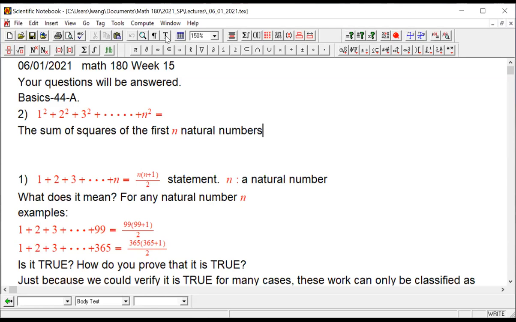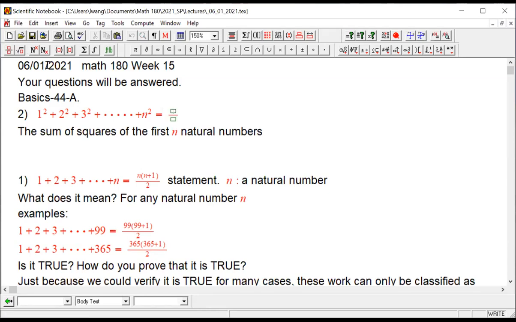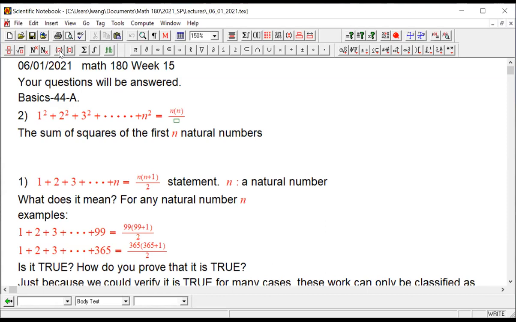The sum of squares of the first n natural numbers. This statement tells us is the same as n times n plus 1 times 2n plus 1, a simple calculation, divided by 6.